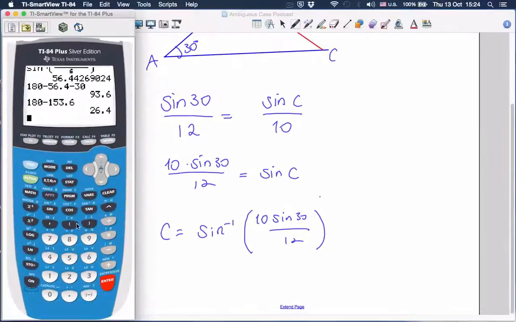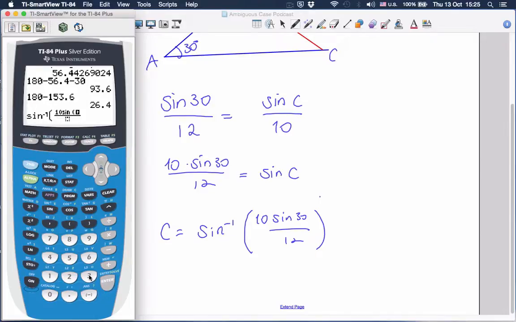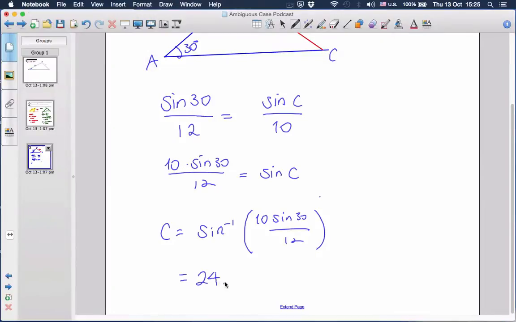And what is that? That is 24.6 degrees. Okay, up to 3 sig fig.